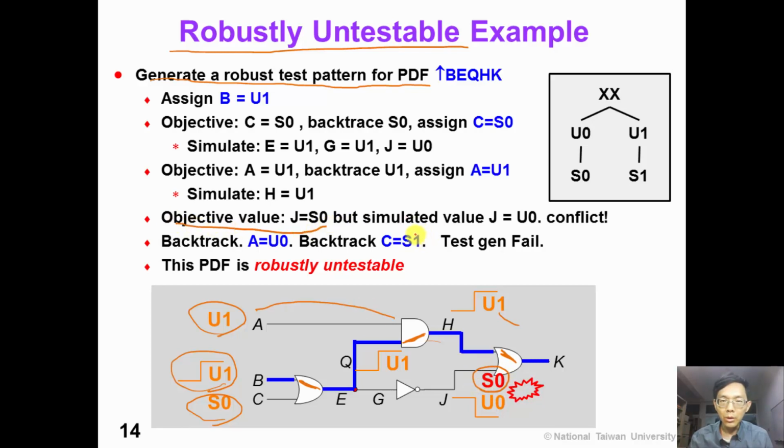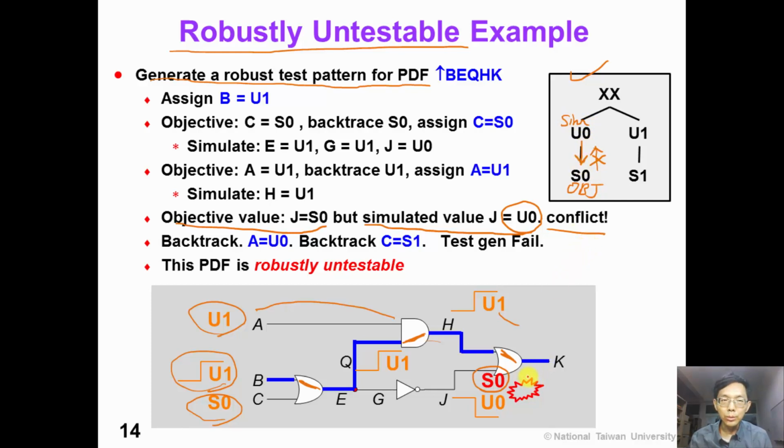However, our simulated value is U0, which is a conflict. As we mentioned earlier, in this covering tree, U0 covers S0, but S0 does not cover U0. That means if our objective value is S0, but our simulated value is U0, this is a conflict.